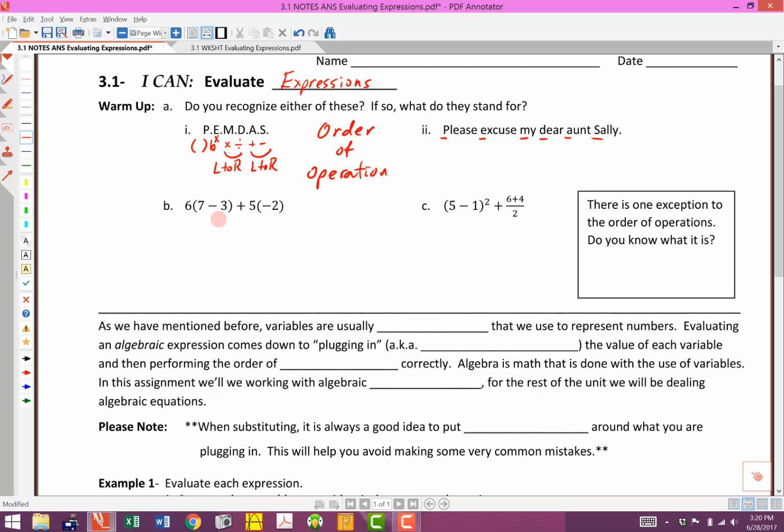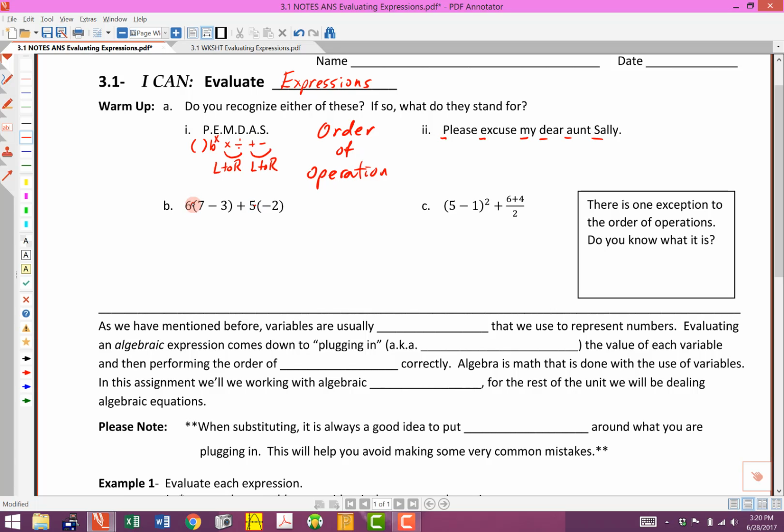This first one right here, we've got 6 and then a set of parentheses with a 7 minus 3 in there. There's nothing in between here, so that's an implied multiplication right there, so I'll put a little dot right there. So we've got multiplication, we've got subtraction, we've got addition. Nothing in between the 5 and the negative 2 that's in parentheses, so that's multiplication also.